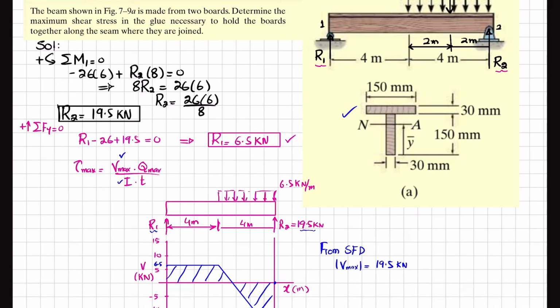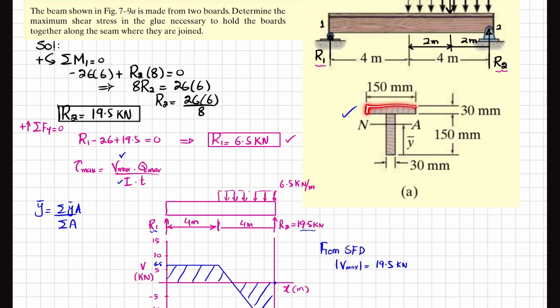So for neutral axis, I can first find the centroid or neutral axis of this beam, and for this neutral axis I have formula that y dash is equal to sum of y dash bar into A divided by sum of area. So what I can do is that you can see this is the cross section of the beam. So here I can say we have two boards.